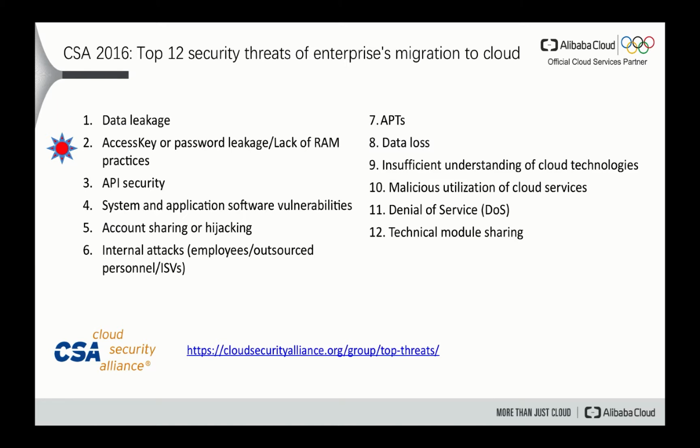So those are very important and very high-ranking security threats when you are running your business on the cloud. That's why today we want to introduce the RAM service from Alibaba Cloud, and it can help you to solve this kind of problem.